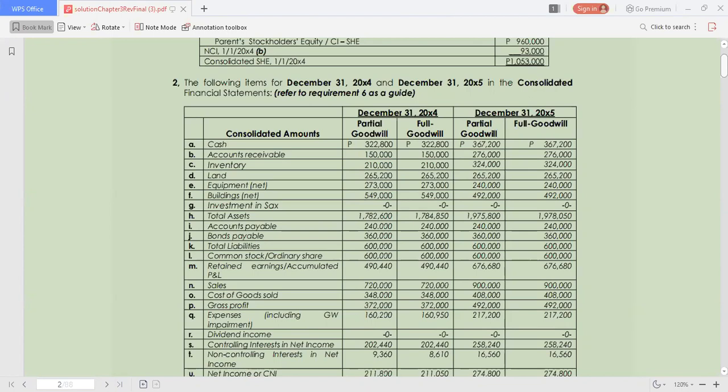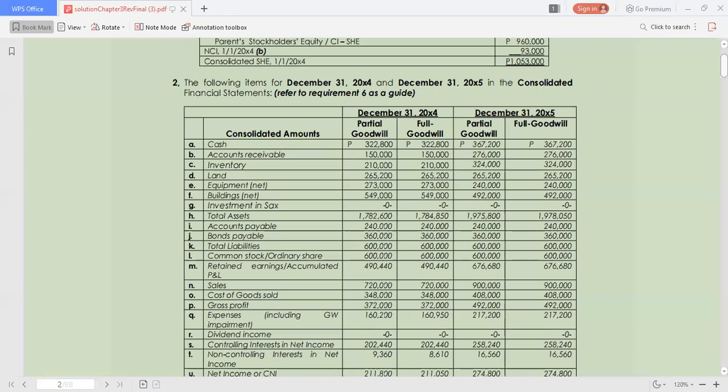Accounts payable, bonds payable, total liabilities, common stock, and we have the common stock ordinary share, the retained earnings that we have computed above. Then we have sales, cost of goods sold, gross profit, then expenses including goodwill impairment in the amount of 750, because under the full goodwill approach, we have 750 for the non-controlling interest goodwill impairment.